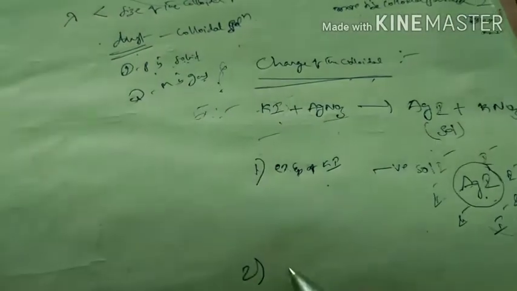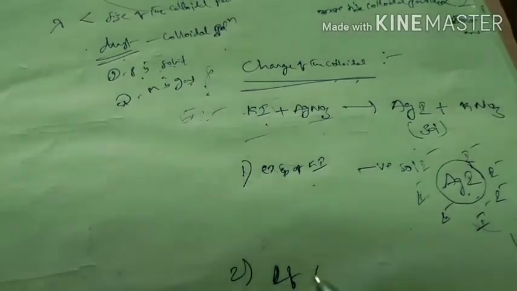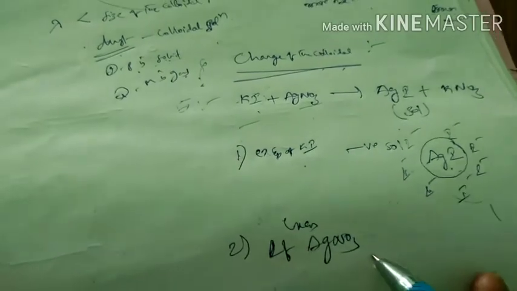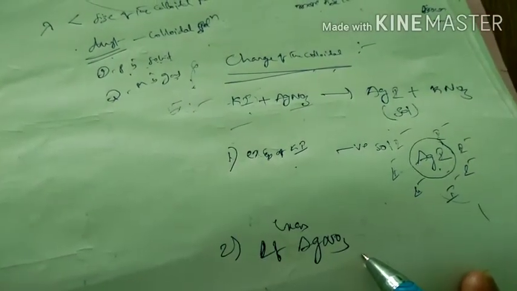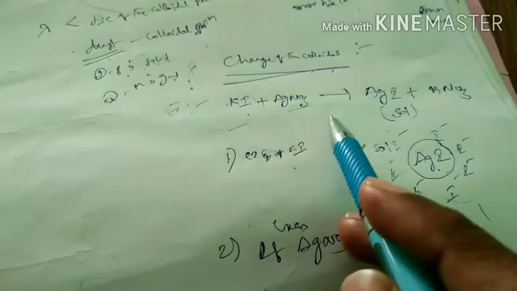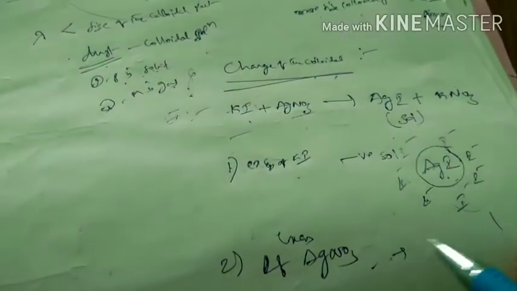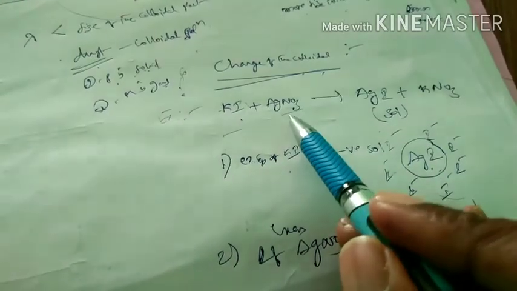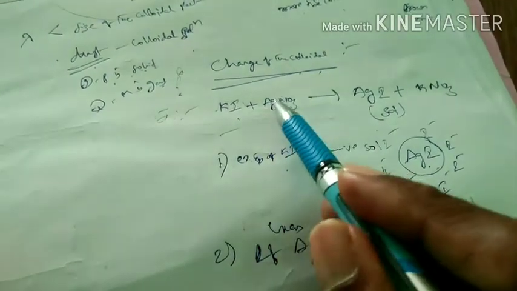Suppose excess of AgNO3 is added in this equation, then we get a positive sol. How? Because if you add excess of AgNO3, that Ag contains a positive charge.